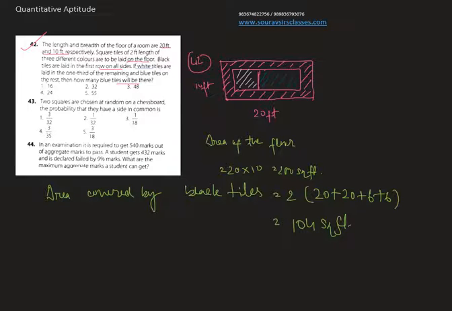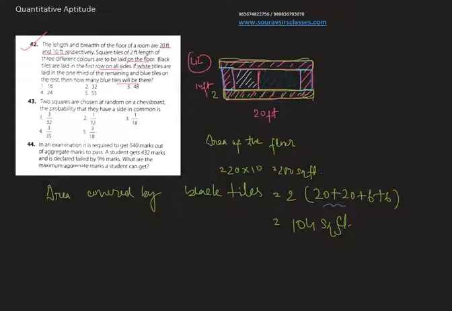This is nothing but the area covered by these four rectangular portions. This rectangle has length 20 and breadth 2, and the other one has the same length and breadth, therefore we can multiply 2 with this area. The next portions are these two rectangular portions with length 6 and breadth 2.